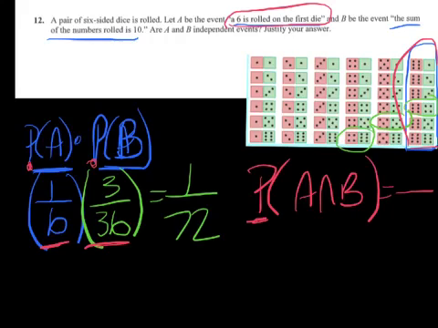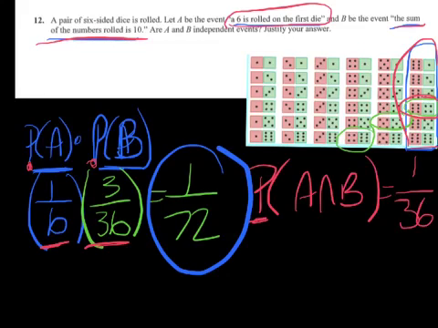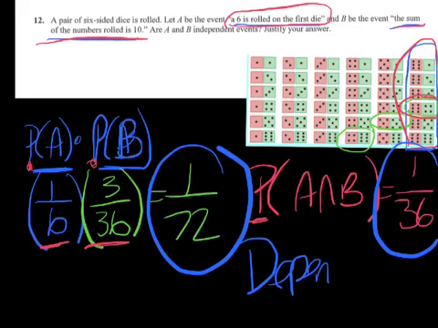And at the same time, the sum of the numbers rolled is a 10. That happens 1 out of 36 times. So what you're going to do is compare this fraction and this fraction. They're not the same, therefore these 2 events are dependent on one another, which means the outcome of one will make an impact on the other event.